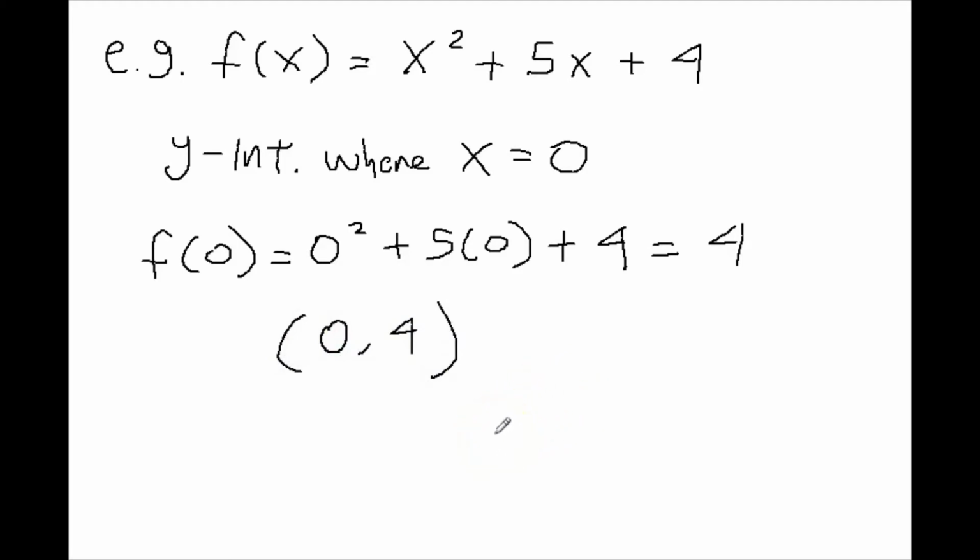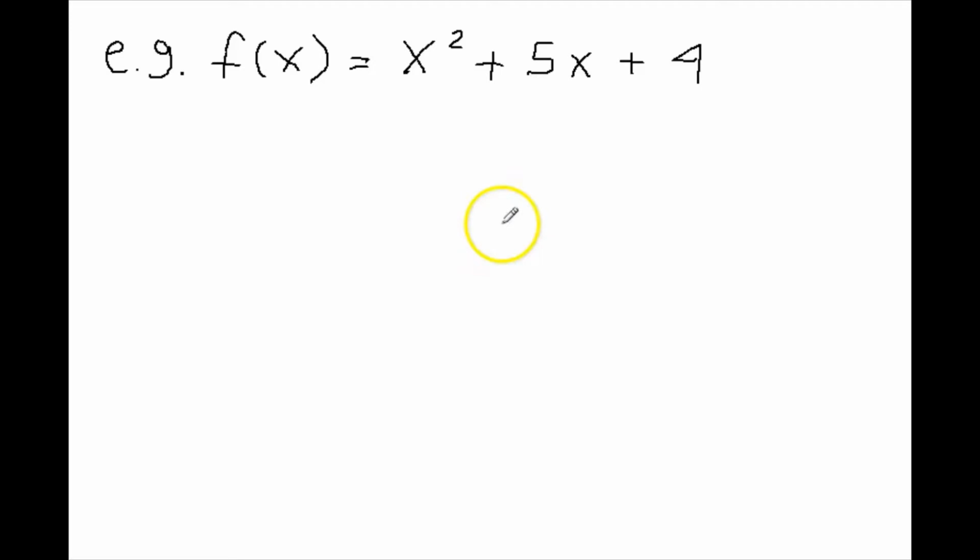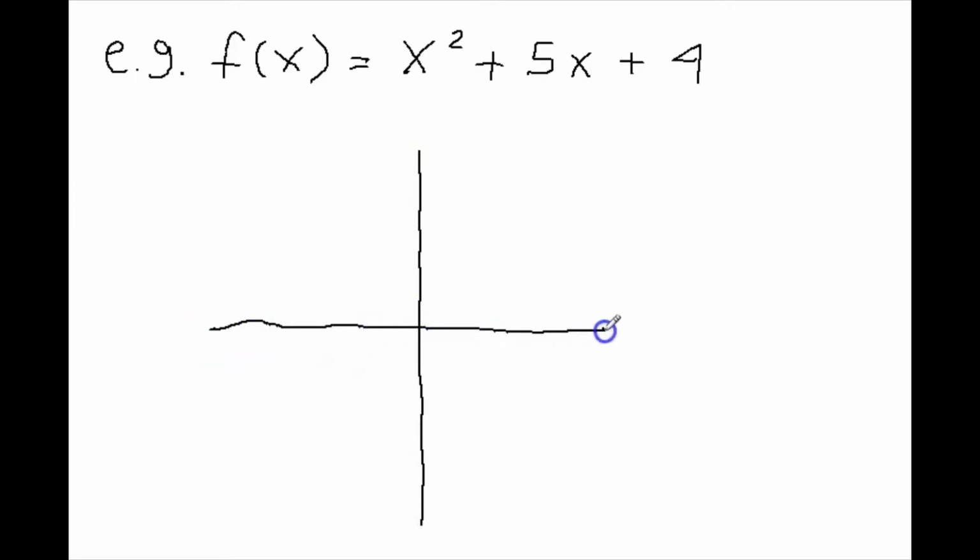So now I have enough information to graph this. To graph this, I create the coordinate plane. What did I say the x-intercepts were? Negative 1 and negative 4.